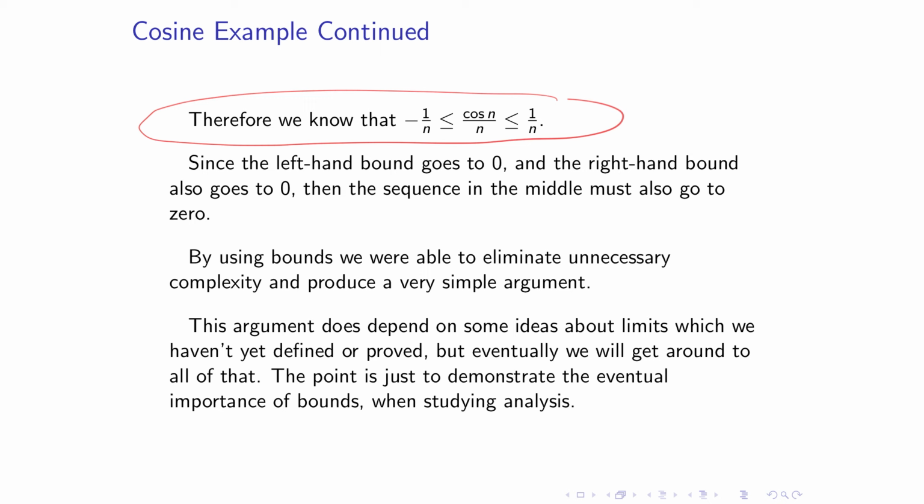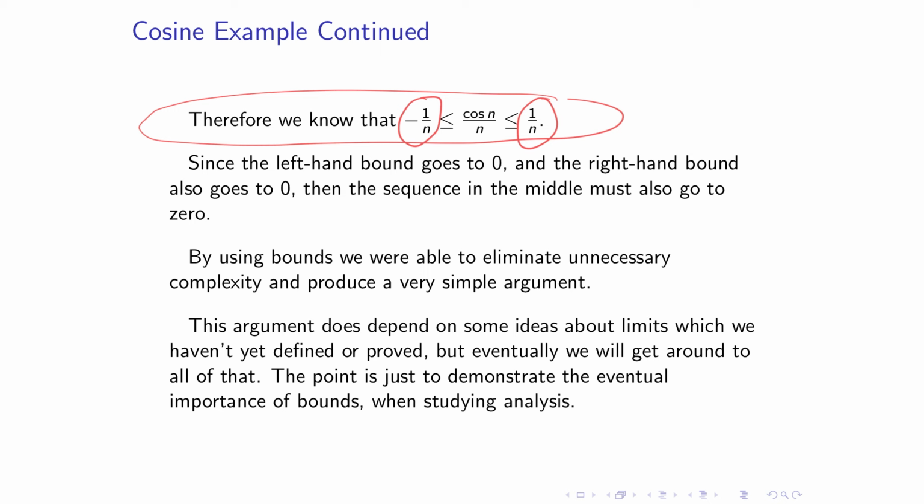So at the very least, it would be negative 1 over n, right, with cosine set to the least value that it could possibly take, which would be negative 1. Or on the other end, we could set cosine n to the largest value it could possibly have, which is 1. And then we know that cosine n over n is bounded below by negative 1 over n, bounded above by 1 over n. And then, now here I'm going to give an argument that relies on the squeeze theorem.